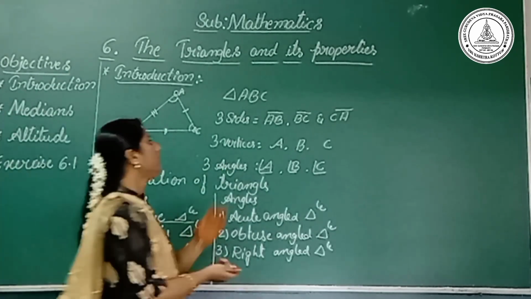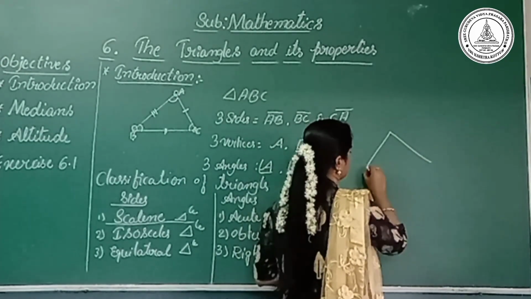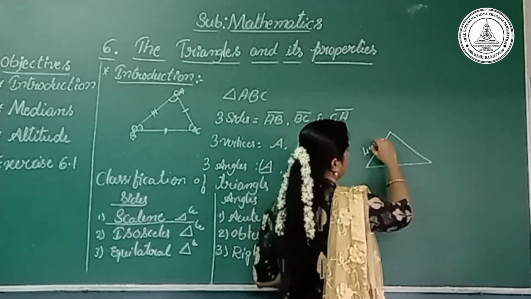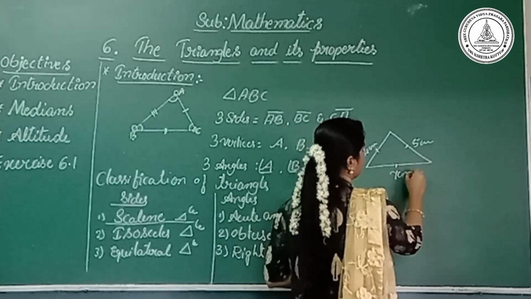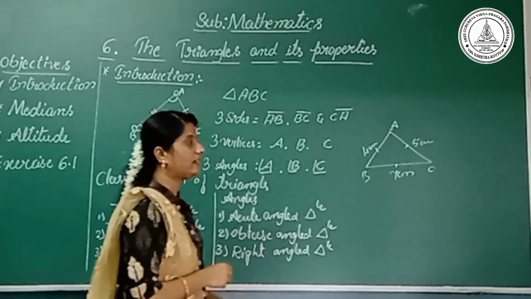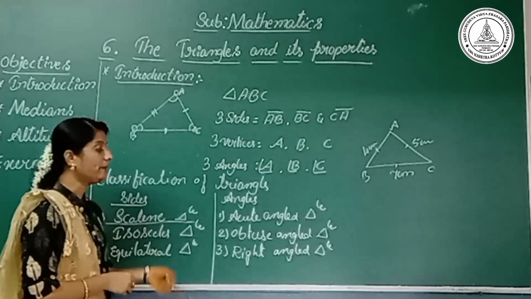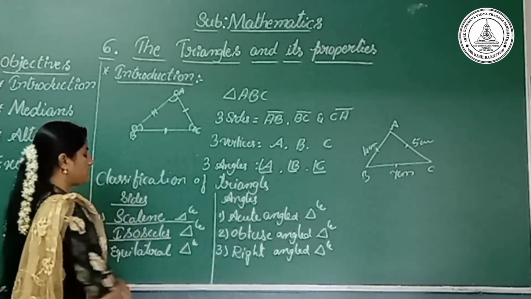For example, in triangle ABC, the sides measure 4 cm, 5 cm and 7 cm. You may observe that all the sides have different measures, so the triangle is said to be a scalene triangle.